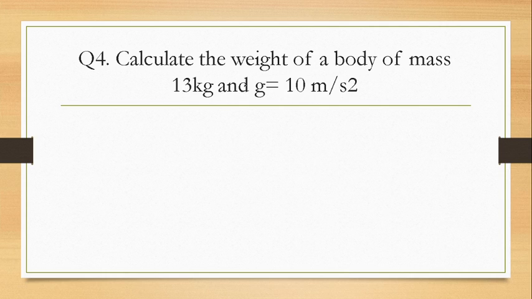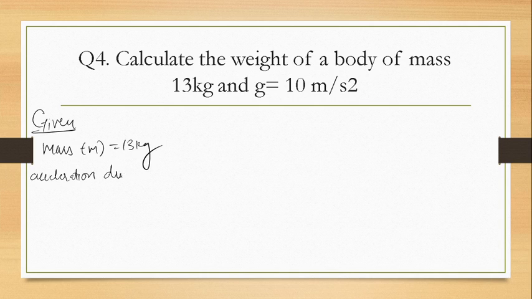Question number 4. Calculate the weight of a body of mass 13 kg, with g as 10 meter per second square. So again, what is given? Mass m is given, which is 13 kg, and acceleration due to gravity g is given, 10 meter per second square.